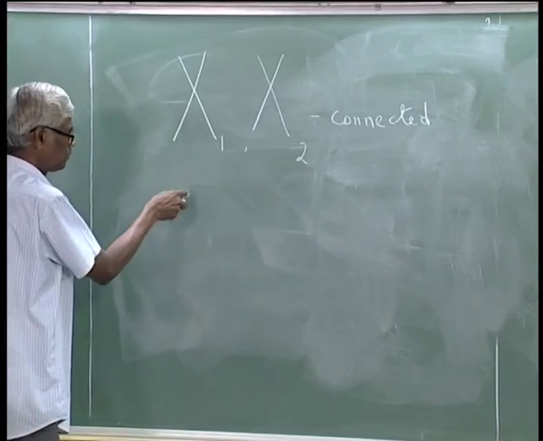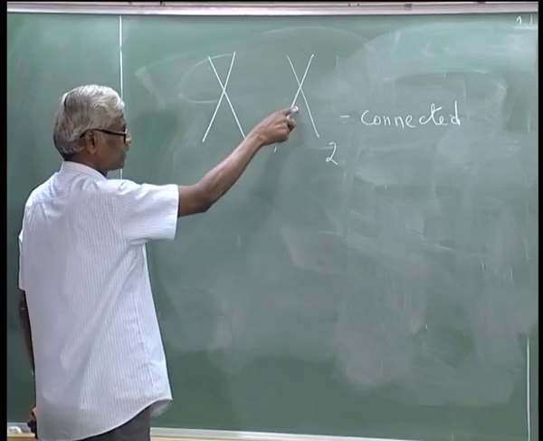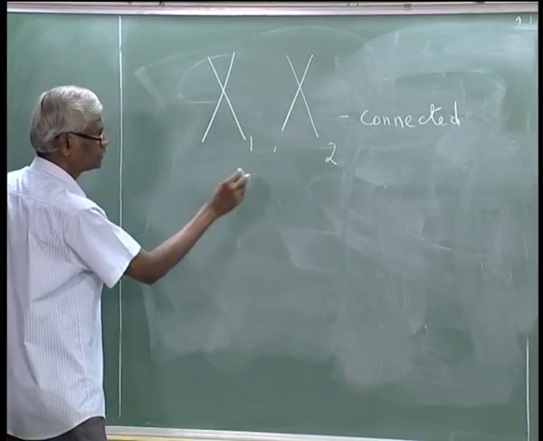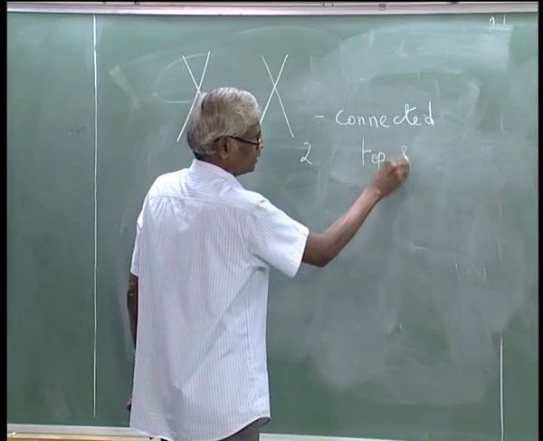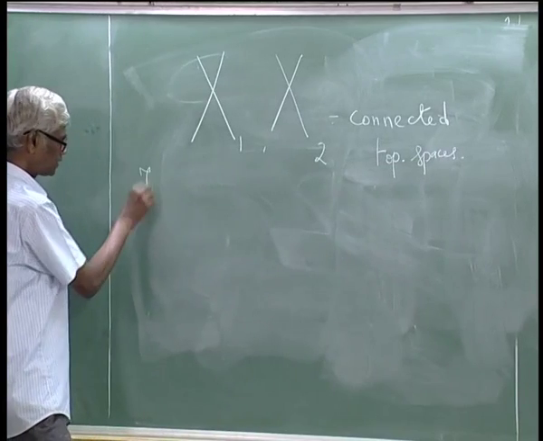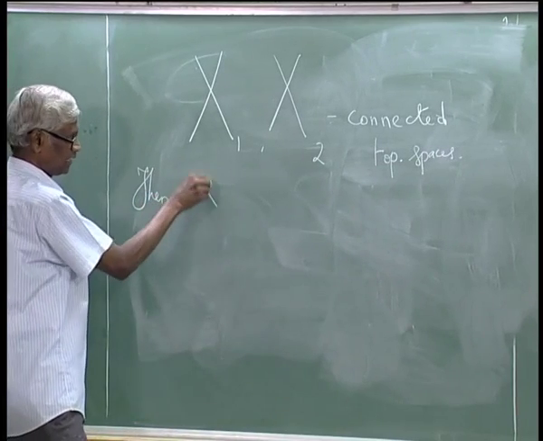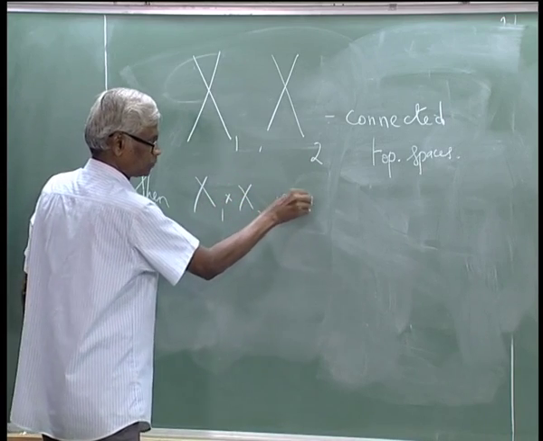topological spaces, that means there is a topology tau 1 on X1, another topology tau 2 on X2, these are all connected topological spaces. Then the product space X1 cross X2 is connected.